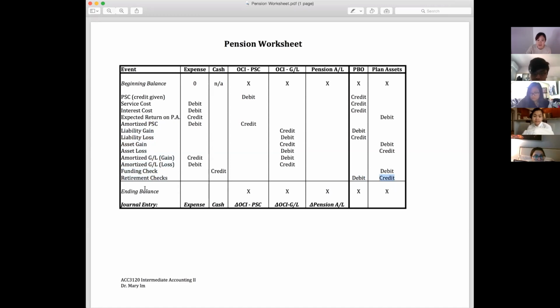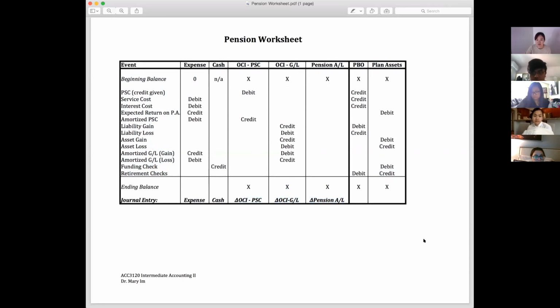And then after adding everything for each column, we get the balances for expense, cash, OCI prior service cost, and the pension asset or liability. Because they are balance sheet accounts, we will only journalize for the change. Okay, so this looks like a lot, but I think as we work on it, it will make more sense.